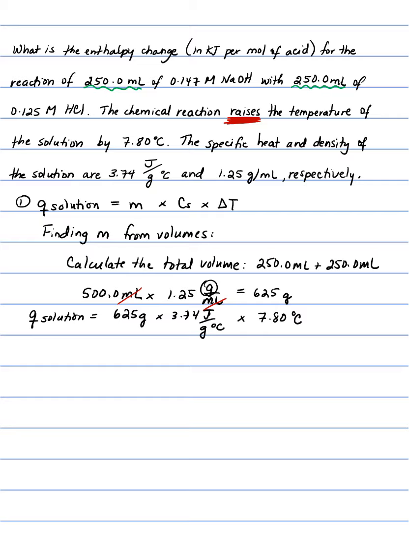So I have all the numbers that I need to find out the heat of the solution, and that will be a positive number because the temperature of the solution is increasing. So 625 times 3.74 times 7.80. The units are canceling out, grams with grams, your Celsius here, and you're getting a number that is in joules. Now the problem is asking you to find the enthalpy change in kilojoules per mole.